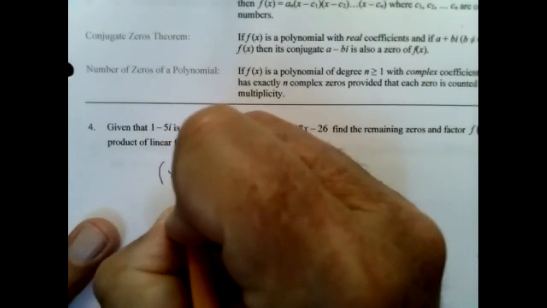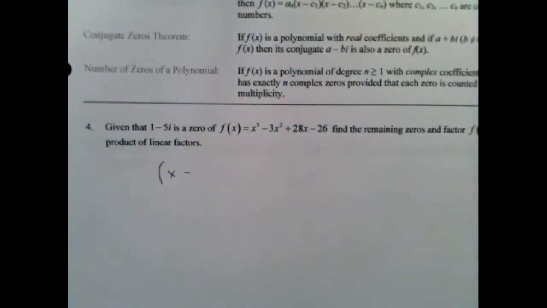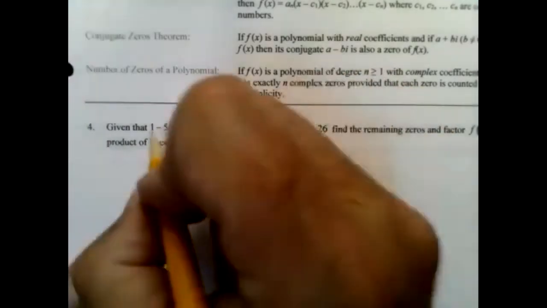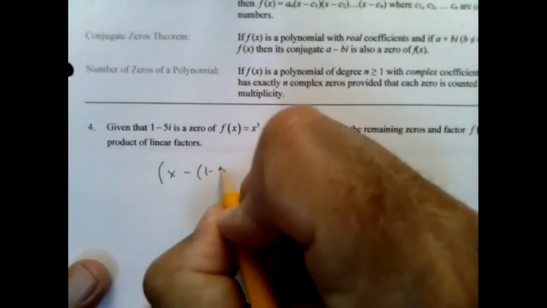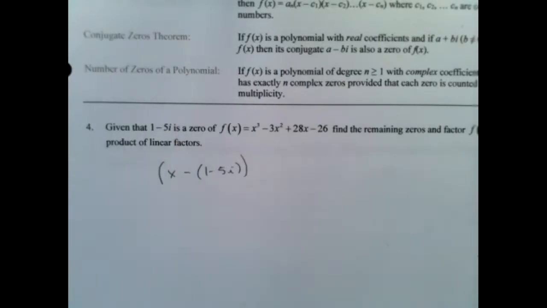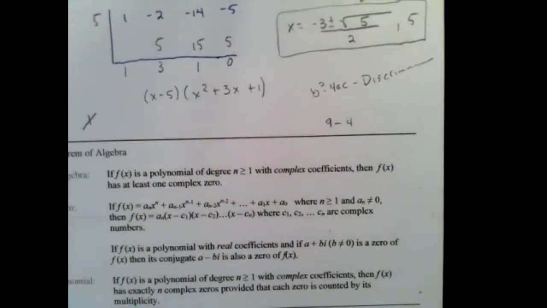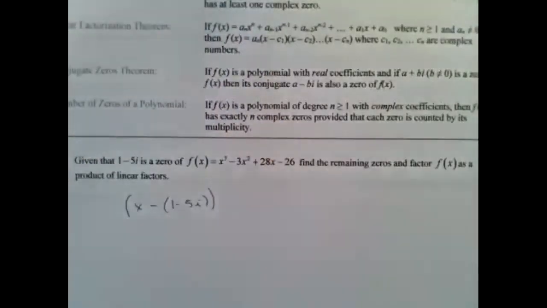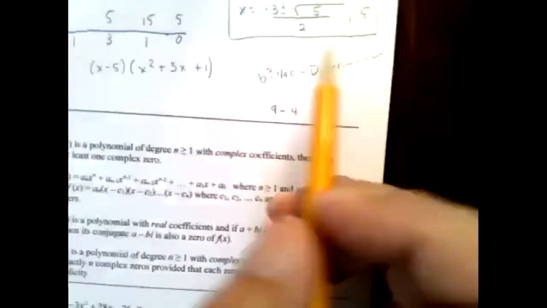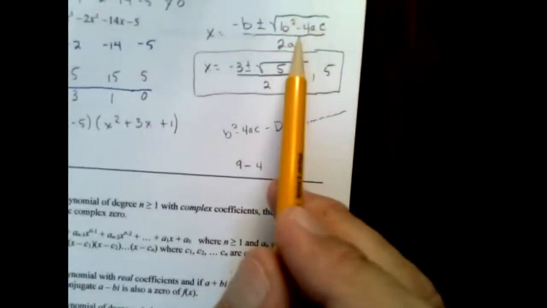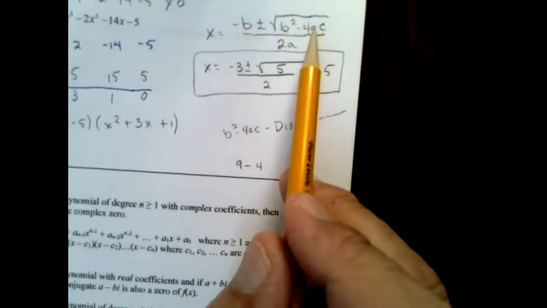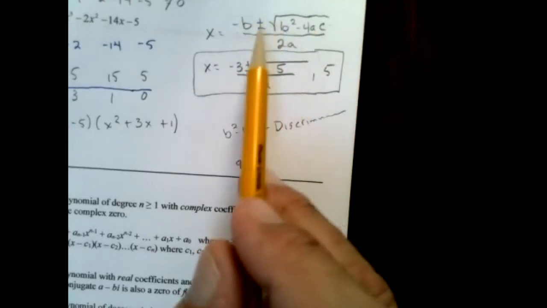I know that x minus 1 minus 5i is a factor, right? If I said 3 is a zero, it would be x minus 3. If I said 5 is a zero, it would be x minus 5. So we're tying all this together. Well, one thing that happens because of this b squared minus 4ac is there's always a plus or minus.